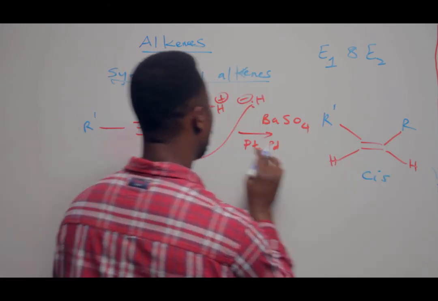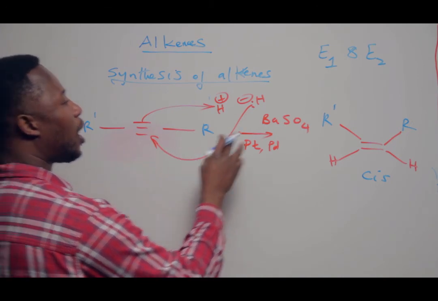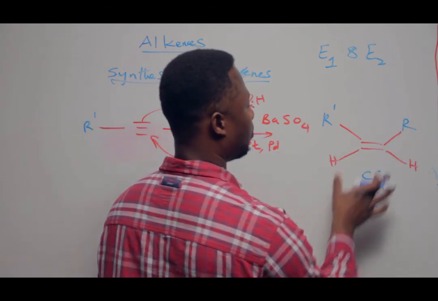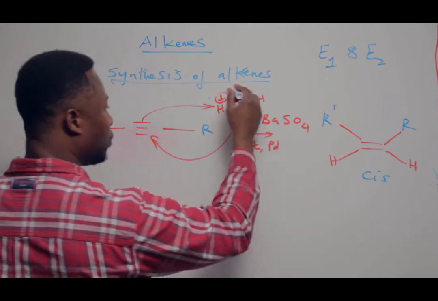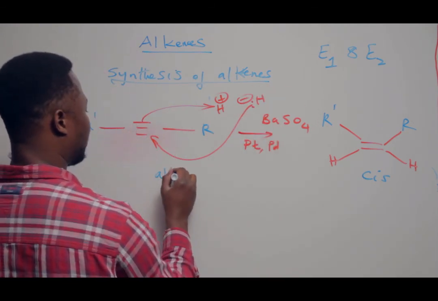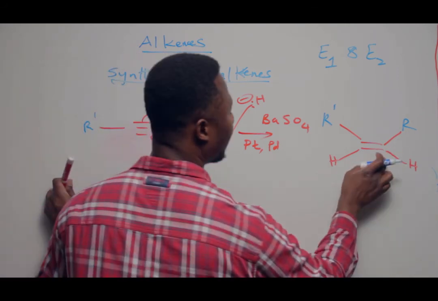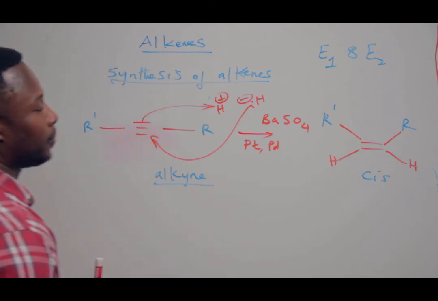That's the main reason why we're using this reagent. The way the reactivity of this happens causes this to form into a cis product. So whenever you use this reagent to convert an alkyne, alkyne is spelled this way, which means triple bond, you're forming a cis alkene. All right.